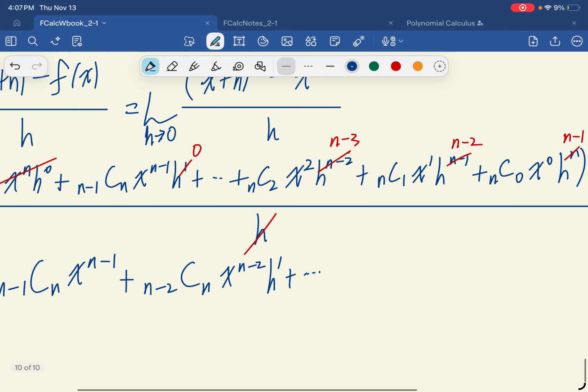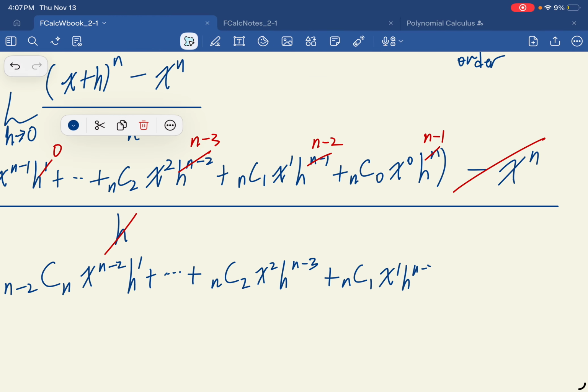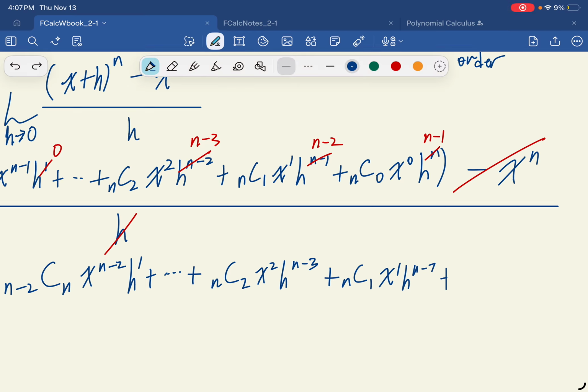Plus, we go all the way, nC2, x squared, h to the power of n minus 3, nC1, x, h to the n minus 2, and finally nC0, x to the 0, h to the n minus 1.